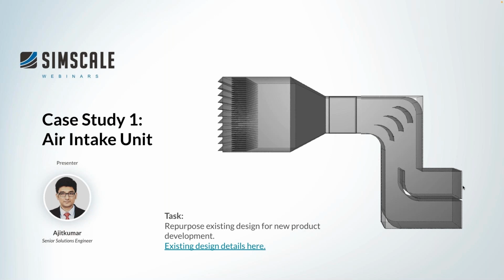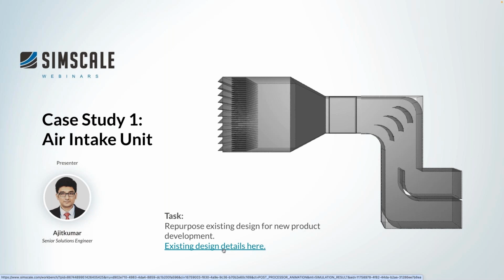So let's say the management comes to the designer or the engineer and gives this task. And the first thing that you can do with SimScale is you don't need to actually have a detailed report that has all the simulation details and also the results that is produced with the existing product. All the management need to do is share the existing design details via SimScale's project link.